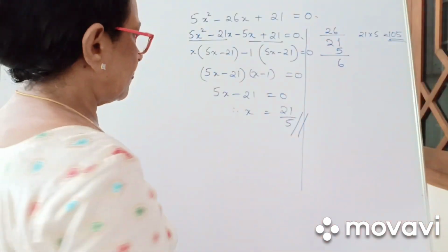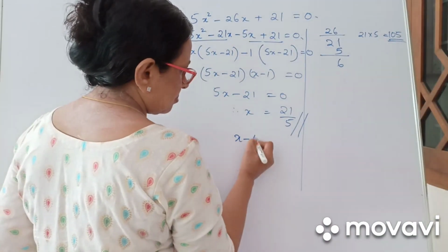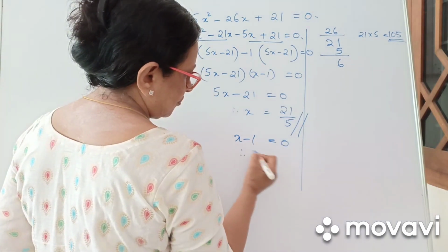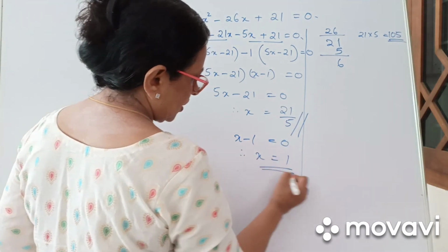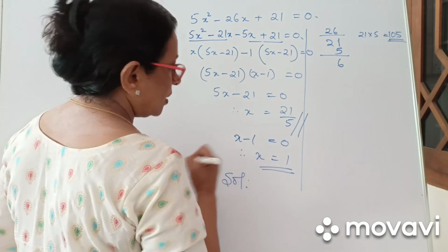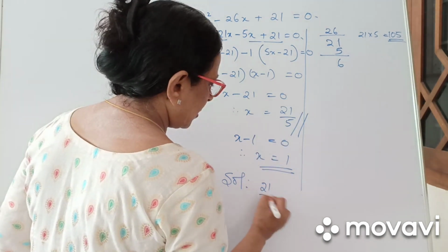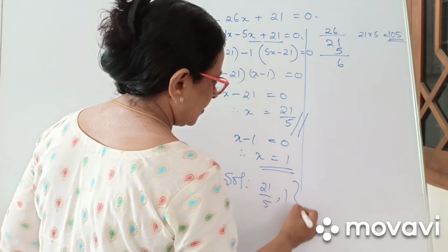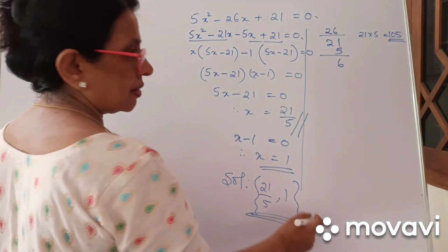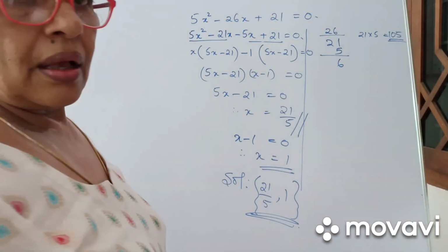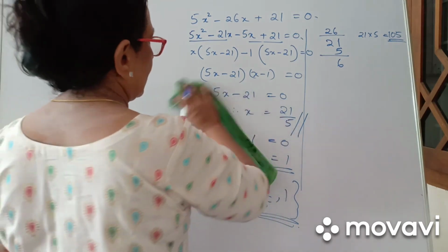This is the first root. Second root: x minus 1 equal to 0. Therefore, x is equal to 1. So the solution, roots are 21 by 5, comma 1. Understood? Is it clear? Okay.